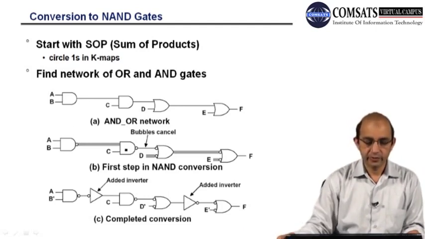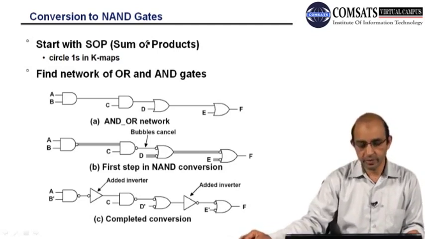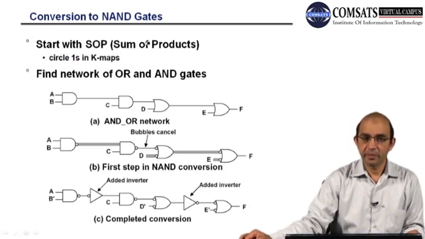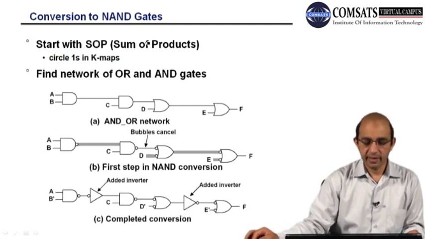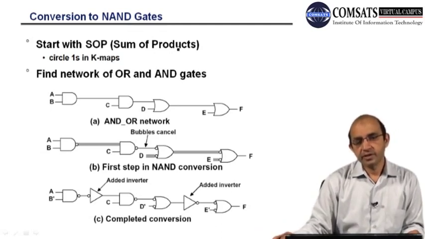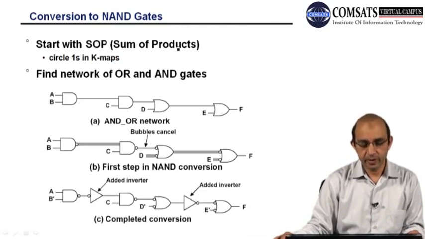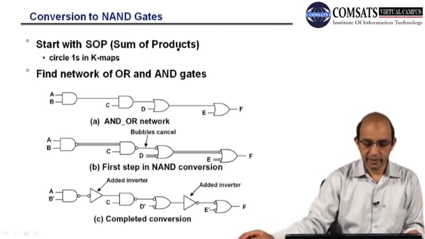So first, we will start from SOP, sum of products. Then we will simplify the Boolean expression. After the simplification, next we will be drawing the circuit.